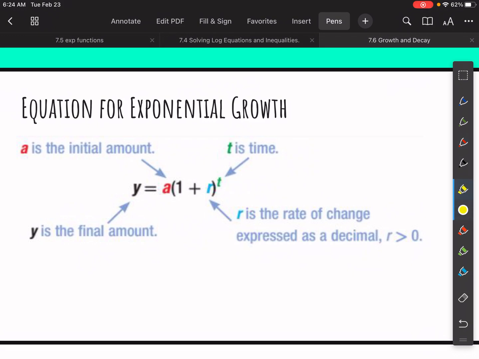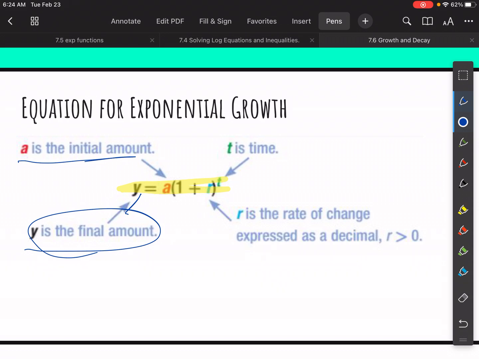So I would really want you to memorize this equation, which basically just says that the final amount of some investment, y, is equal to the initial amount, which we call the principal, A, multiplied by 1 plus R. R is the rate as a decimal.